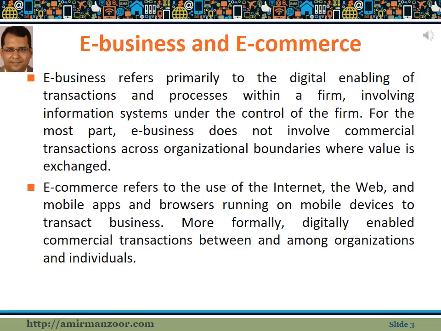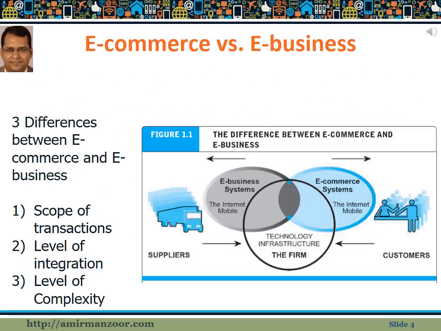Electronic business is the digital enablement of transactions and processes within a firm and therefore does not include any exchange in value. Electronic commerce and electronic business intersect at the business firm boundary at the point where internal business systems link up with suppliers. For instance, electronic business turns into electronic commerce when an exchange of value occurs across firm boundaries.